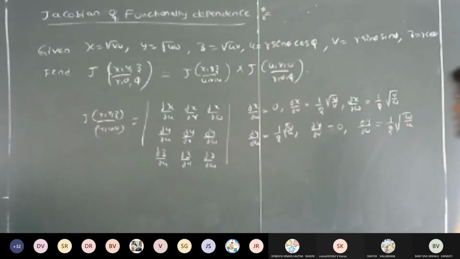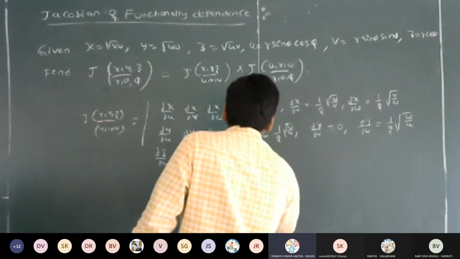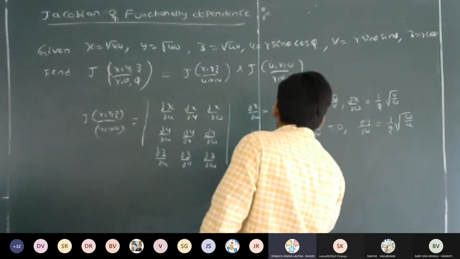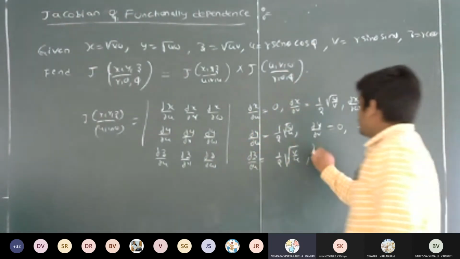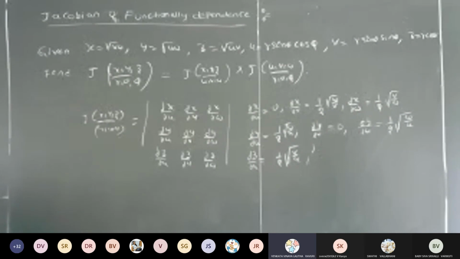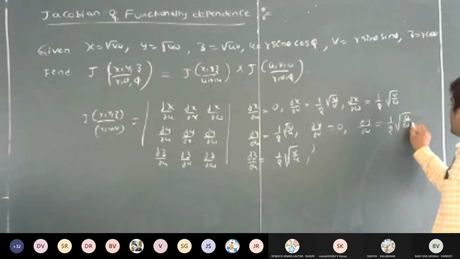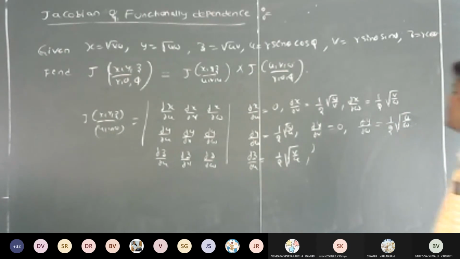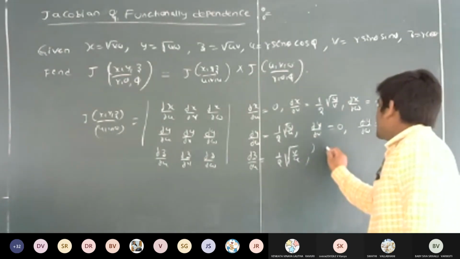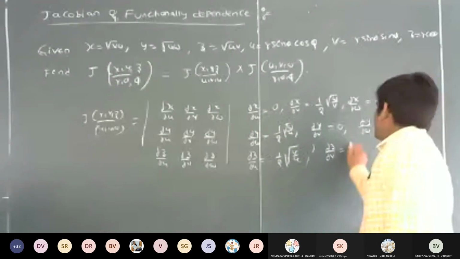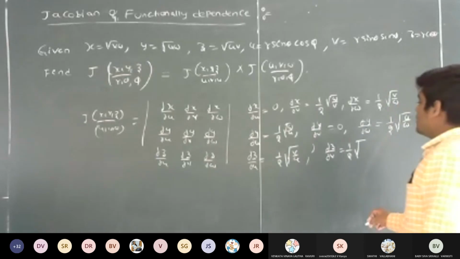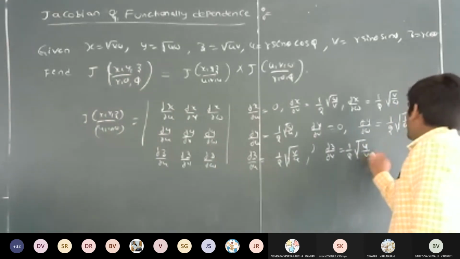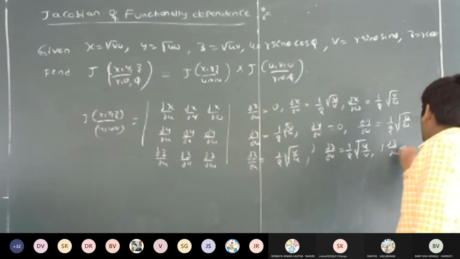Coming to the last row, dou z by dou u is 1 by 2 into root v by u. Dou z by dou v is 1 by 2 root u by v. And the last one, dou z by dou w, is 0.